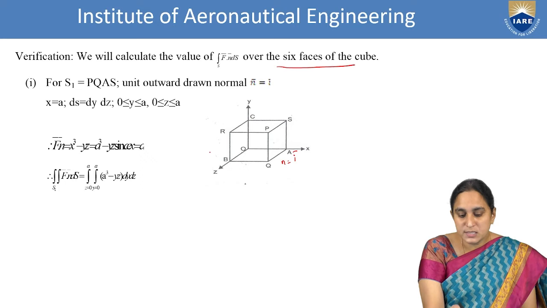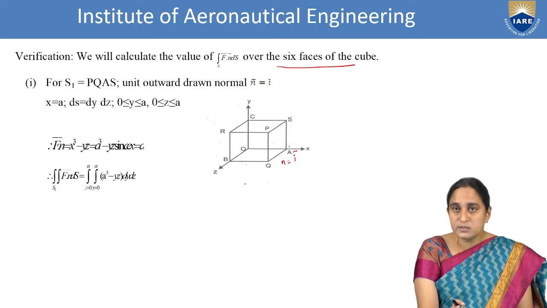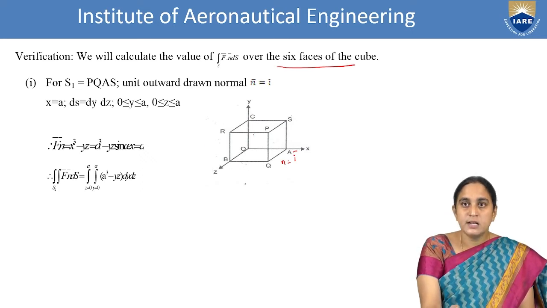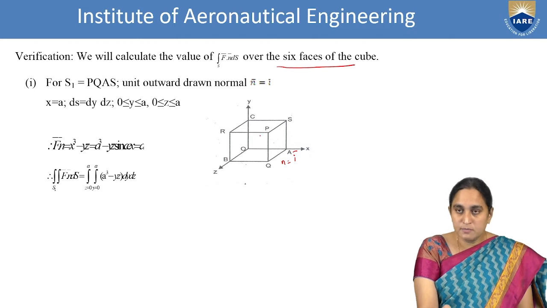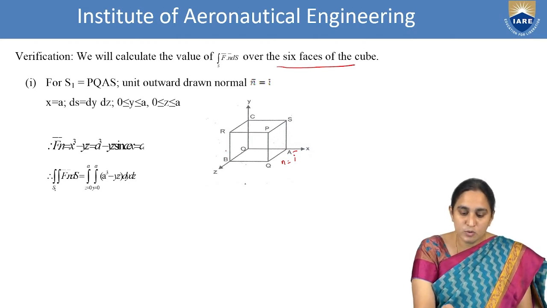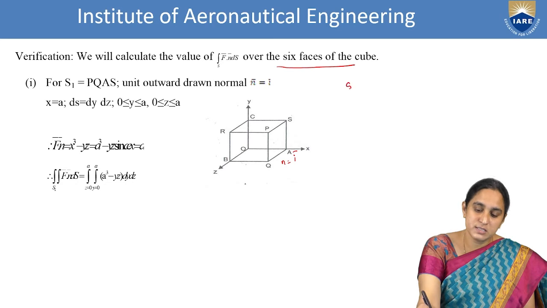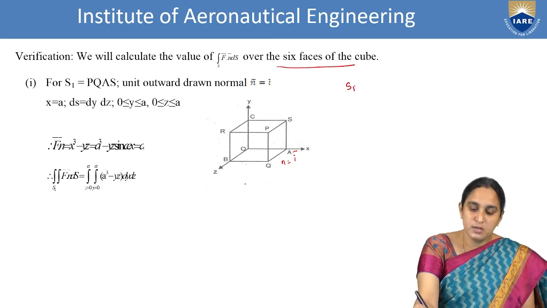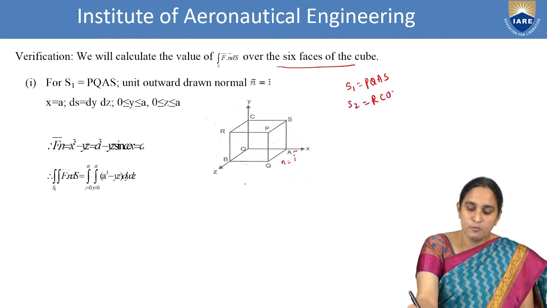Whatever the next face of the x-axis, that is on the negative side of the x-axis. That means opposite to PQAS is RCOB. So the first face is S1, PQAS, and the second face is RCOB.